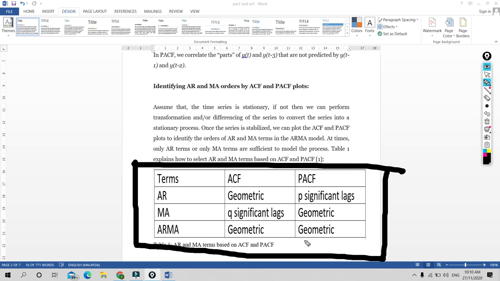Now for MA, we have a spike here for the ACF, ada spike, the rest is semuanya pendek-pendek je, ada satu spike. Then your PACF decays gradually.